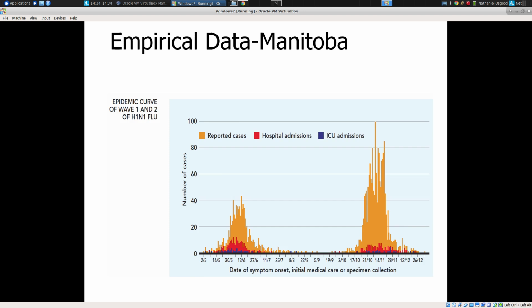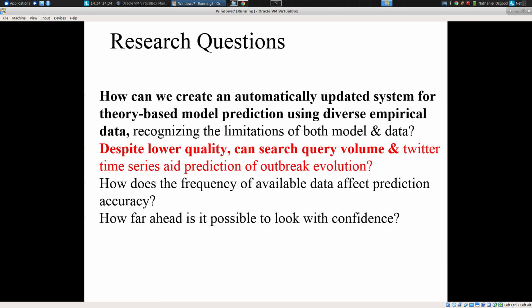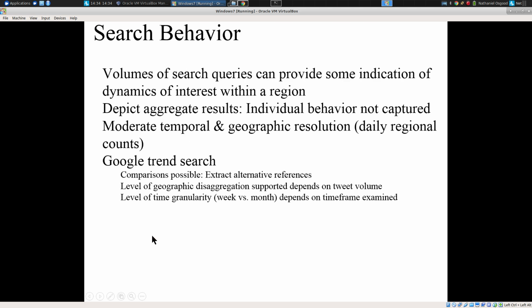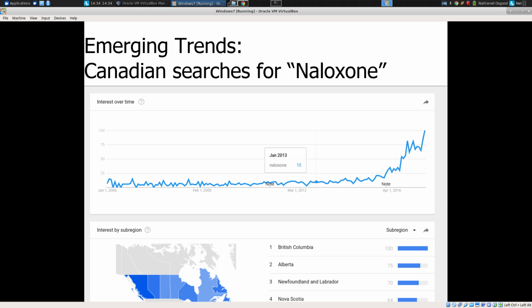So we sought to leverage this model together with machine learning tools and aspects of big data. We made use here of the coarsest form of big data that I mentioned earlier, search monitoring. And particularly, we looked at Google searches for each of those regions, for the Quebec region and for the Winnipeg region.